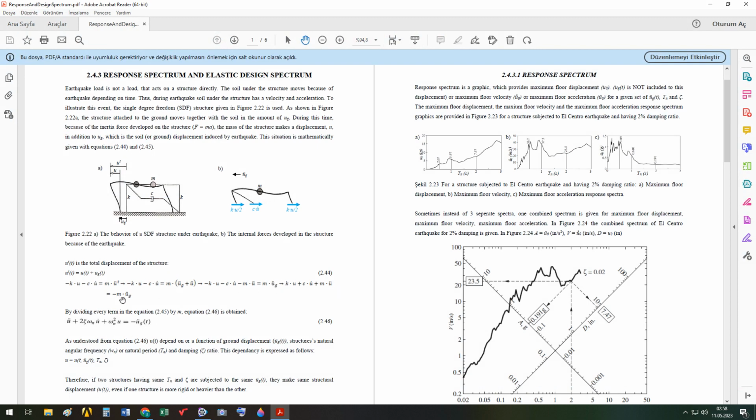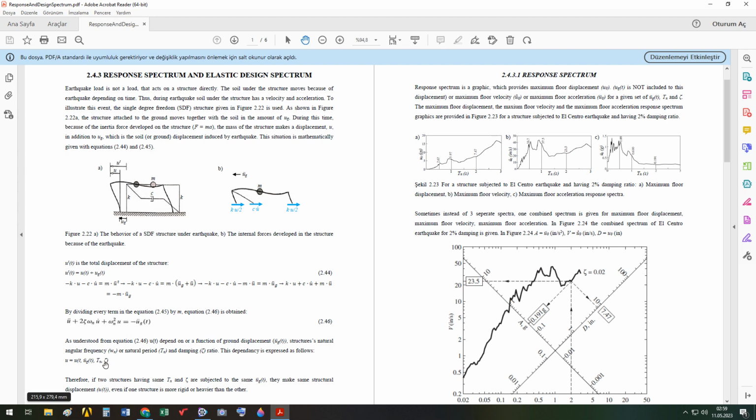Now here in this expression, if every term in the equation is divided by m, I will get this equation. This is the damping ratio. This is the natural angular frequency. As understood from this equation, this u, actually u(t) because it depends on time, is a function of ground acceleration, natural vibration period or free vibration period, and damping ratio.